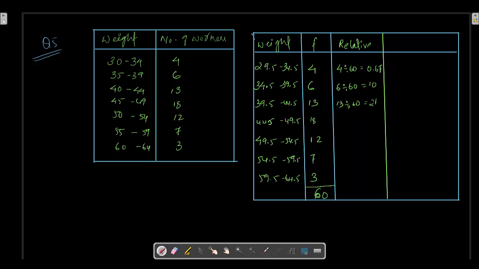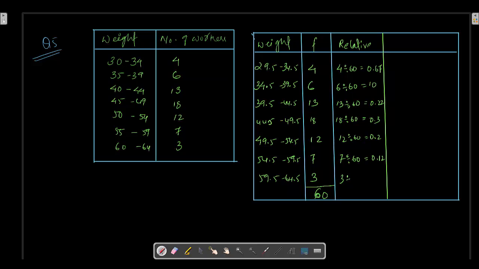13 divided by 60, you will get 0.22. 18 divided by 60 is 0.3. 12 divided by 60 is 0.2. 7 divided by 60 is 0.12.